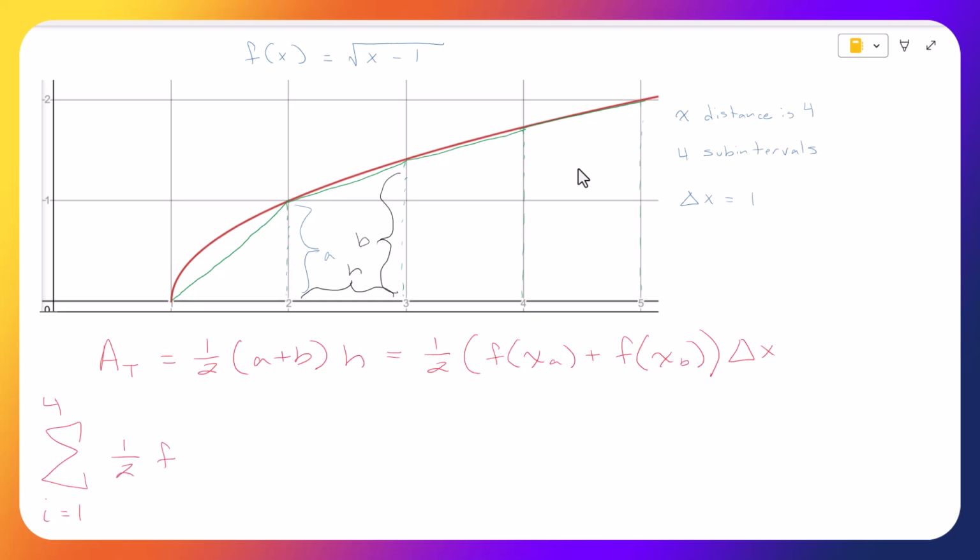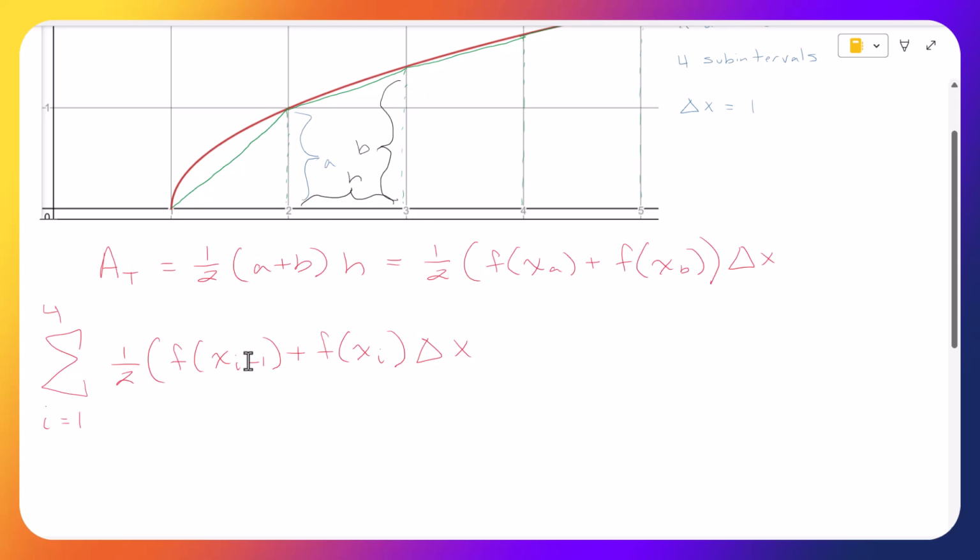So let's rewrite this: f of x sub i minus 1 plus f of x sub i, times delta x. Why did I write it like that? I'll explain.